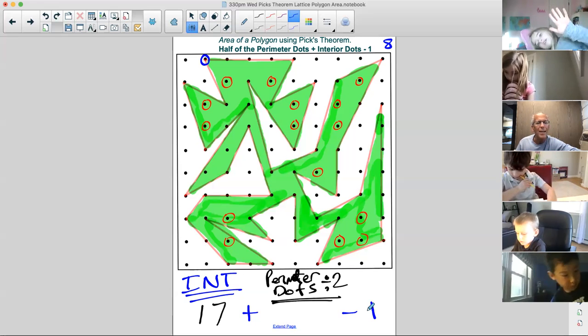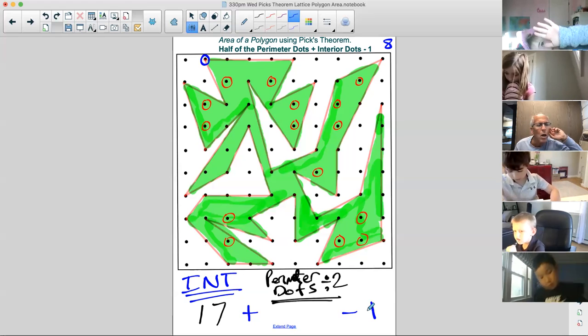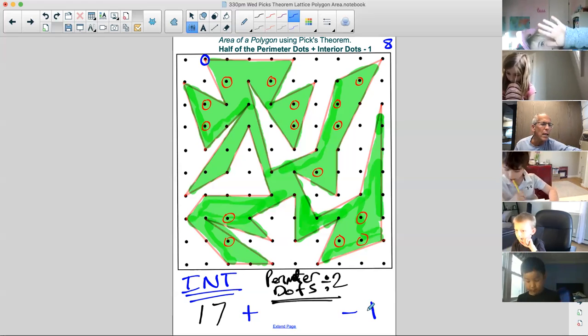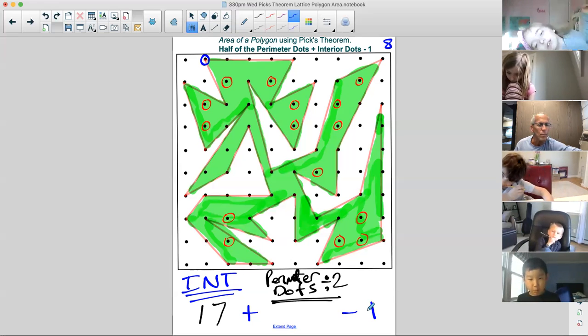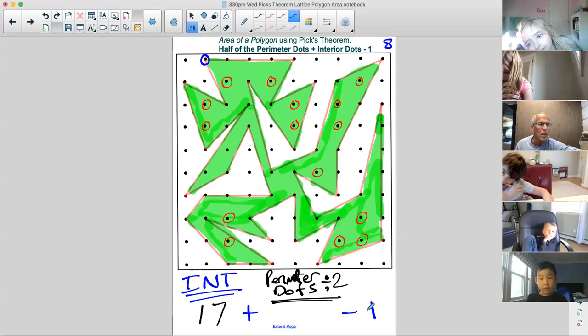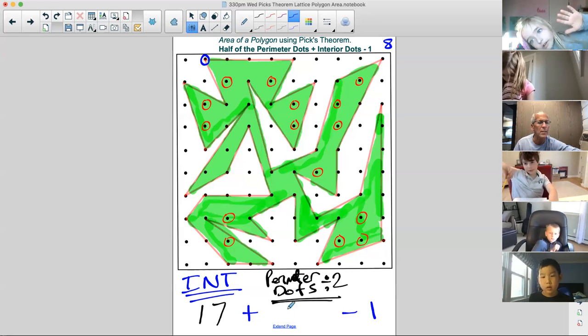Okay. Is that half the perimeter dots, or is that all the perimeter dots? It's 29. Okay. And what do you think, Aaron? 28 for me. Is 28 the total perimeter dots or half the perimeter dots?